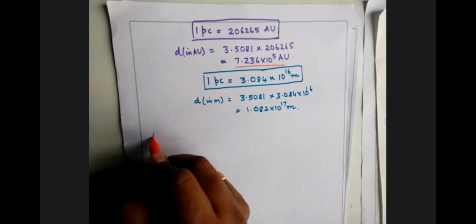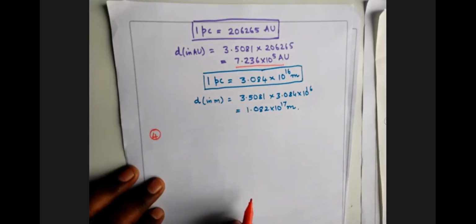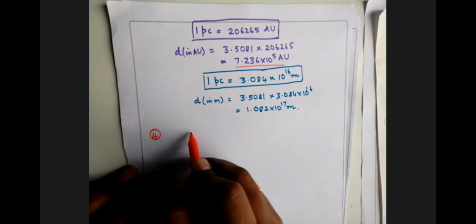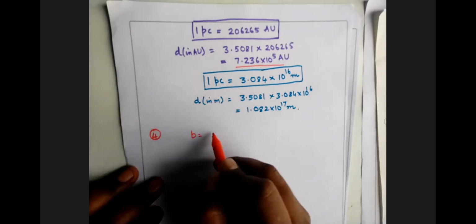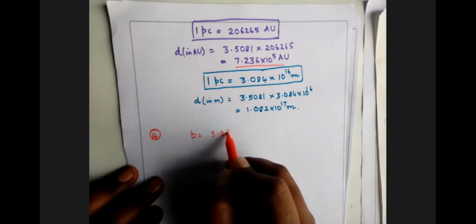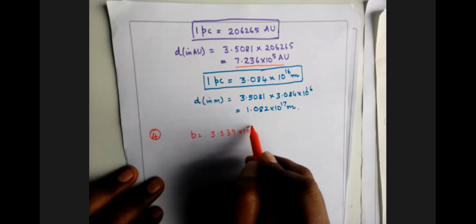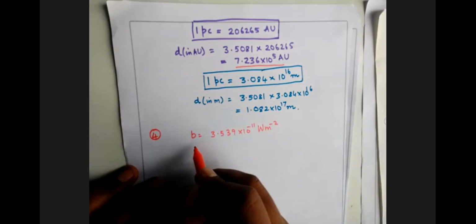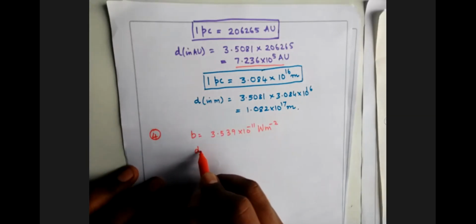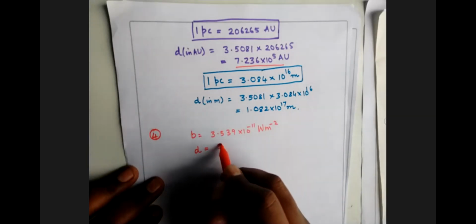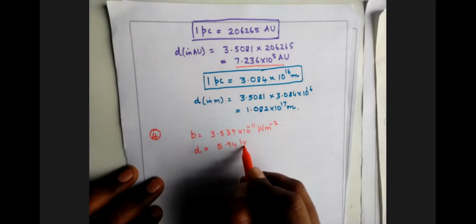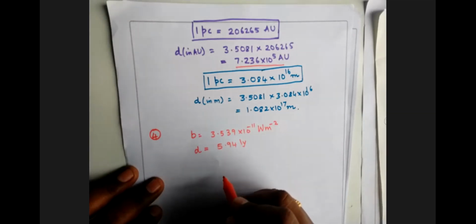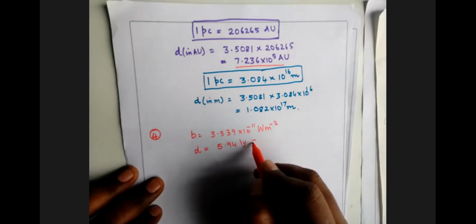Given data is, the apparent brightness of the star is given 3.539 into 10 to the power of minus 11 watts per meter square, and the distance of the star from the Earth is given 5.94 light years. Now convert this into SI system.